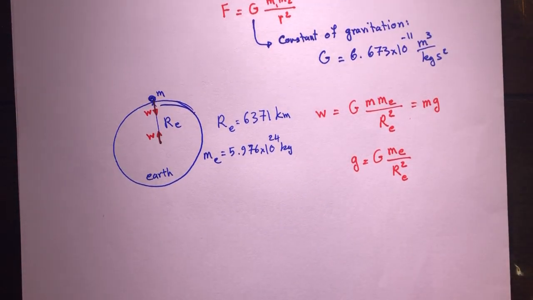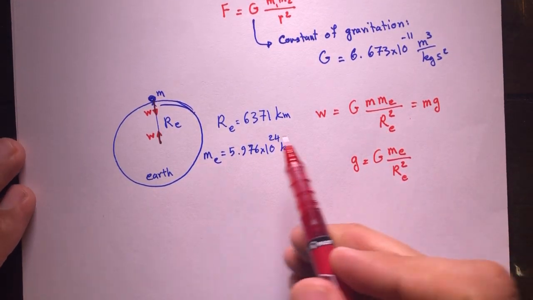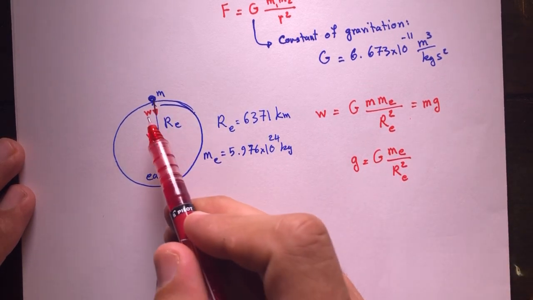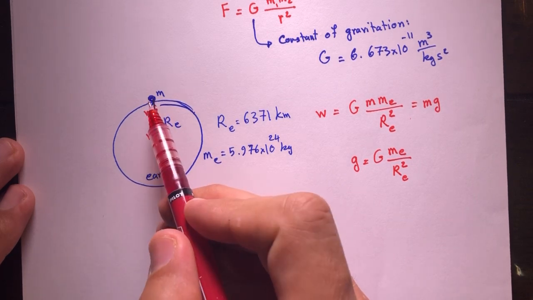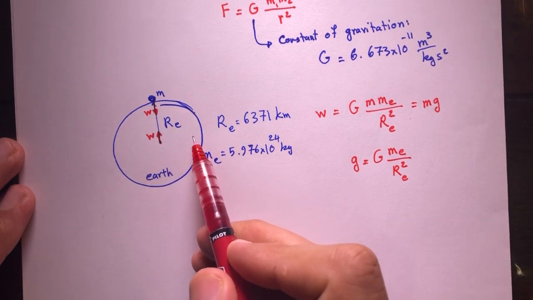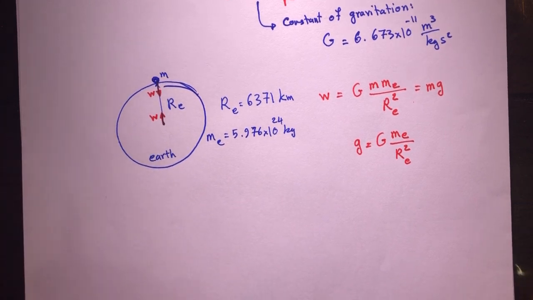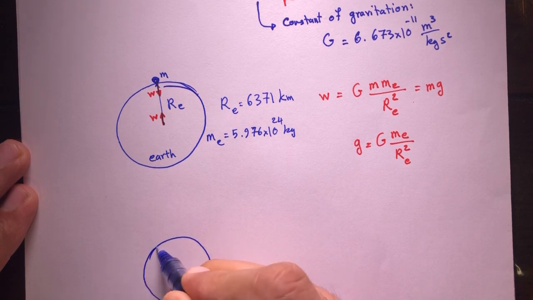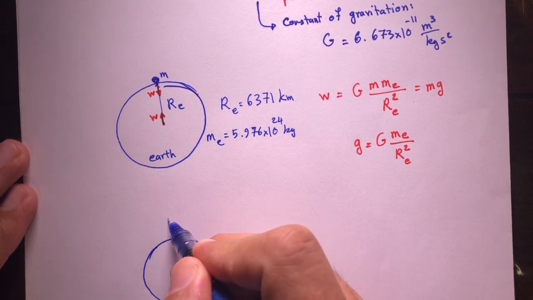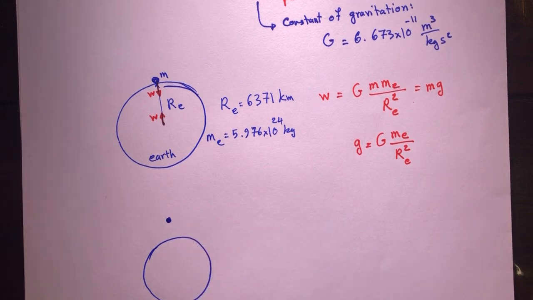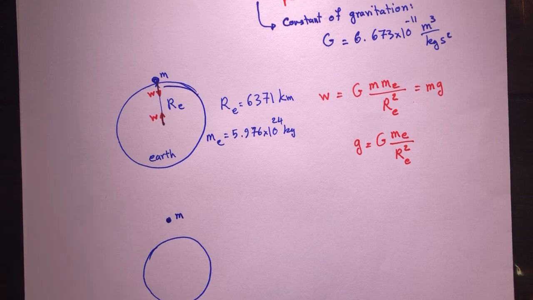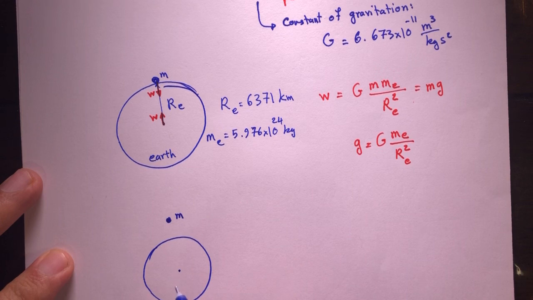But again, we use this equation. We said the distance between these two particles is the radius of the Earth, because we are assuming the altitude of the mass is negligible compared to the radius of the Earth. But if the altitude of that mass becomes significant compared to the radius of the Earth, like for example for a satellite, or maybe the moon or other planets, then g is going to be different, right? And the distance between these two is not going to be the radius of the Earth. It's going to be a totally different thing.